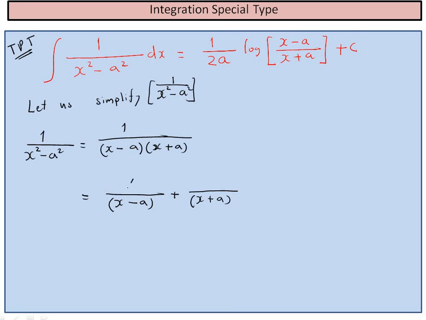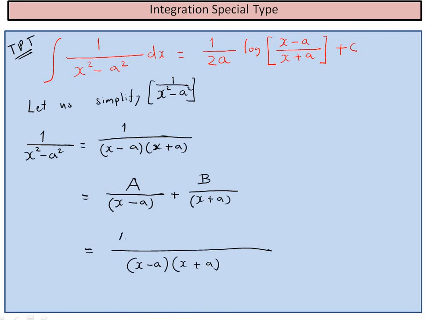I assume this numerator as capital A. This capital A is different from small a. And this I take capital B. Now if I combine, this technique will be used in the partial fraction part also.